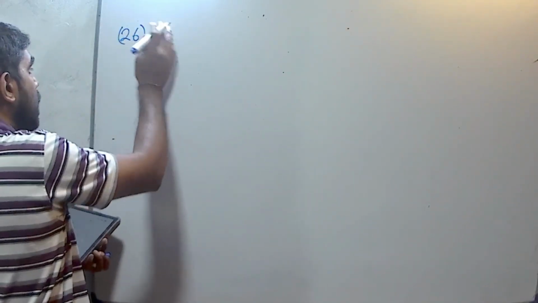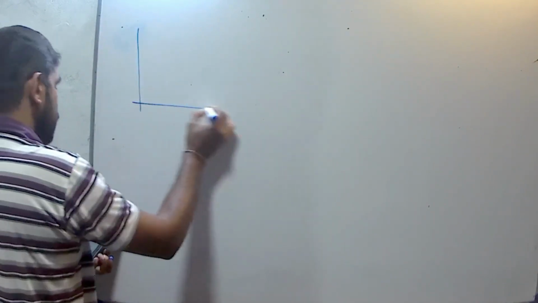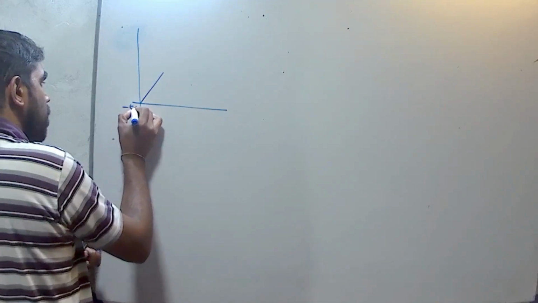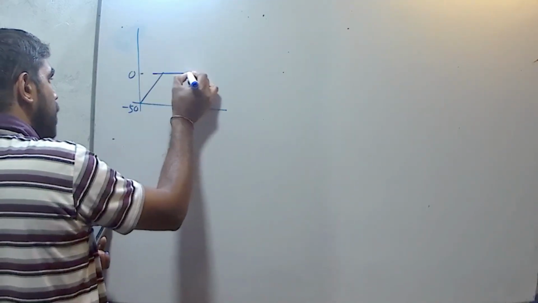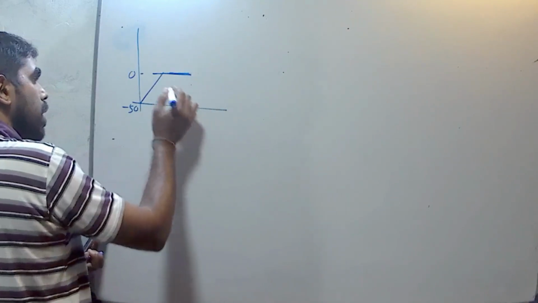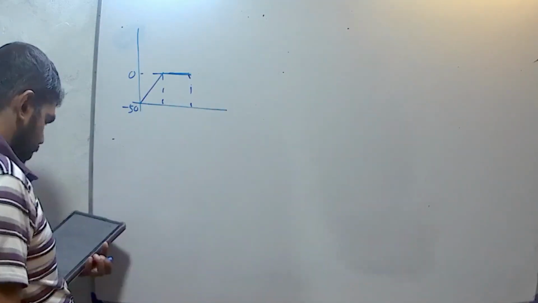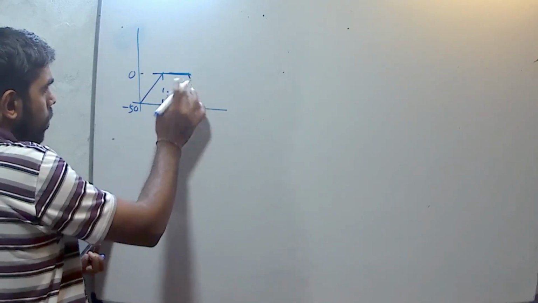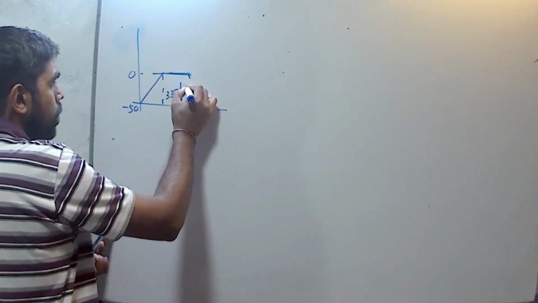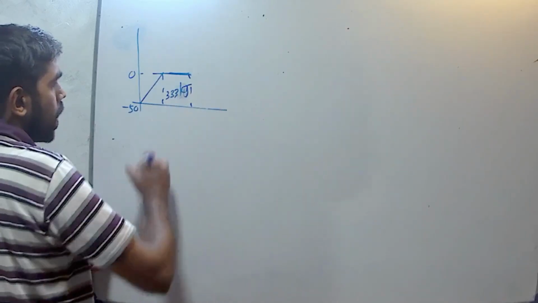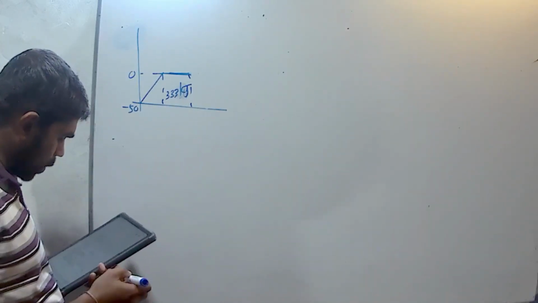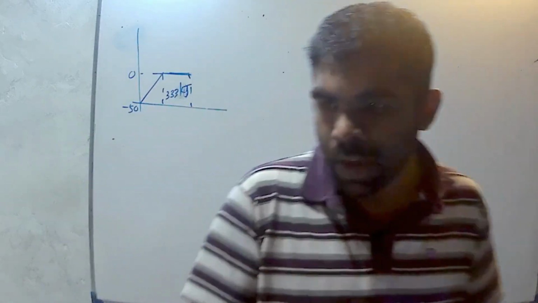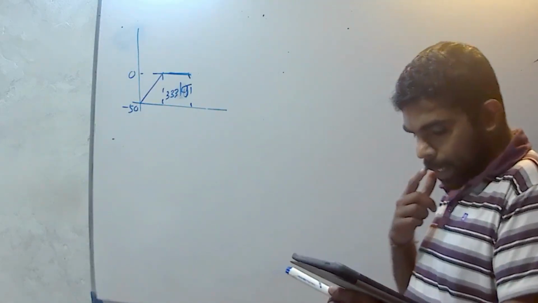We can observe that temperature is increasing from -50 to 0. After that, this part is fusion. They have given 333 kilojoules, which means 333 into 10 to the power 3 joules. They have considered only 1 kilogram, therefore it is per kilogram.